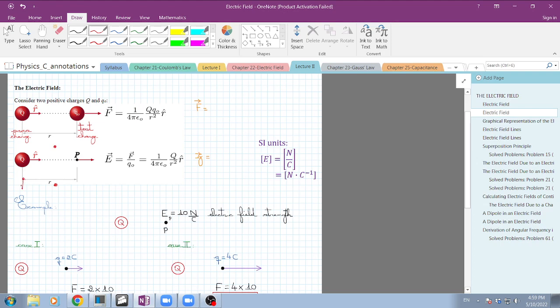You are going to have a particular electric field. This concept is valid for every single point. Let's call this point 1. If you have a point 2 here and so on, you are going to have an electric field at each.